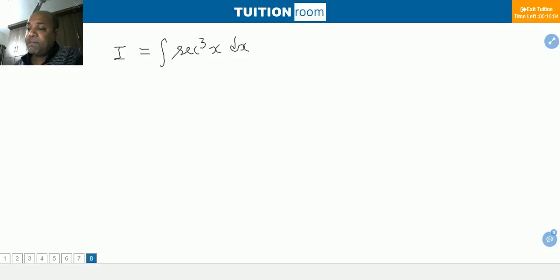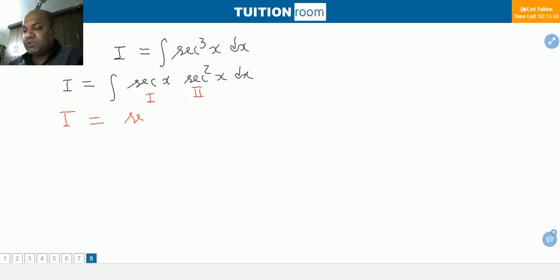Otherwise, this section will be quite difficult for you. Minus differential of first function, this will be sec x into tan x, integration of second, integral will be sec x into tan x minus sec x tan square x.